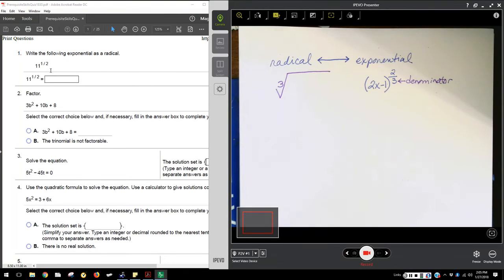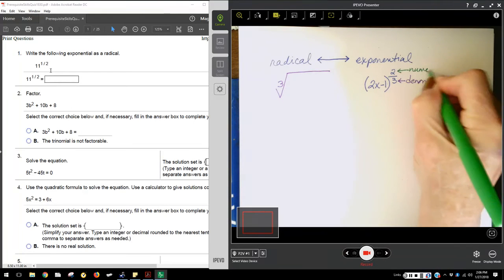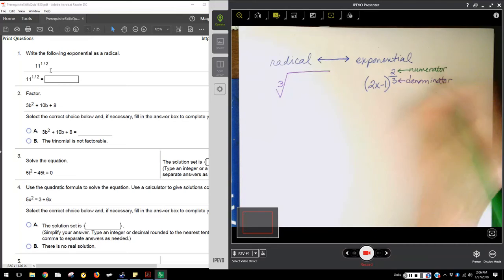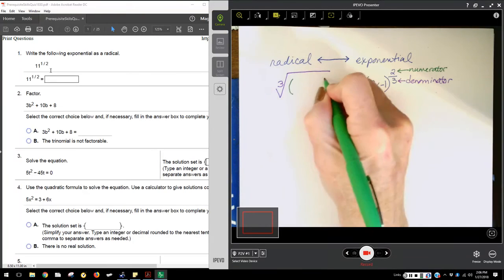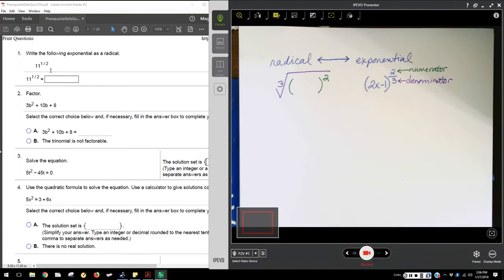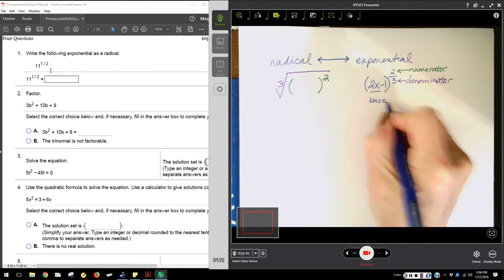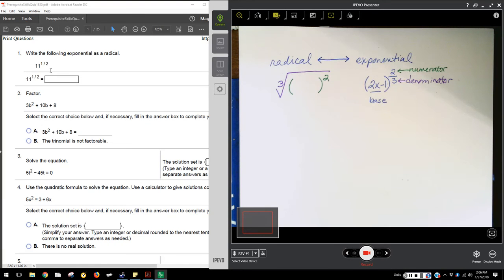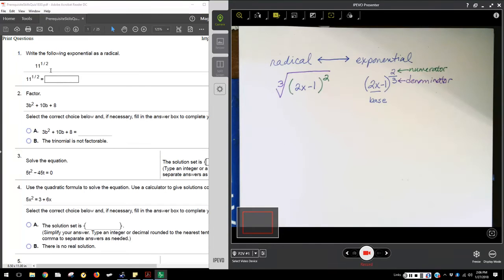The second thing I want you to pay attention to is that the numerator of that fractional exponent is going to be the same exponent as we're going to use underneath the radical. And then the constant, of course, is the base. And the base is the expression 2x minus 1. That's called the base of the radical.